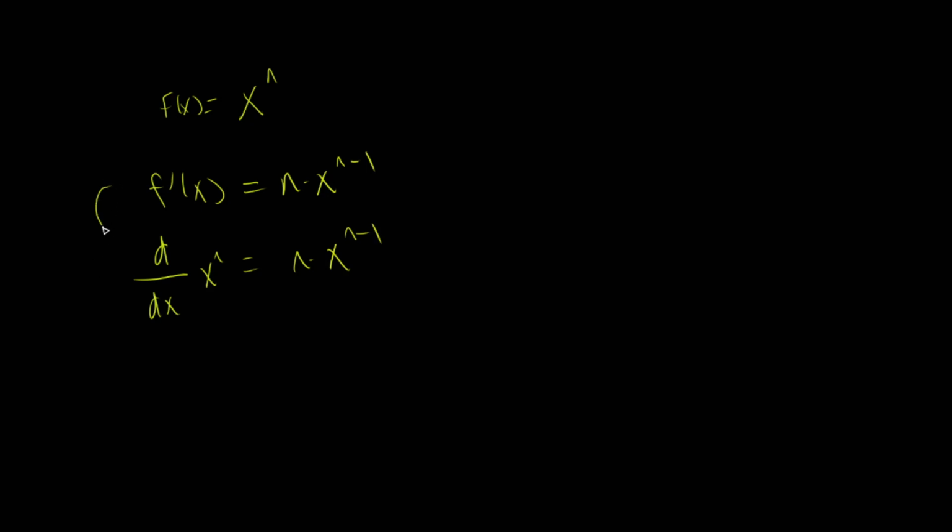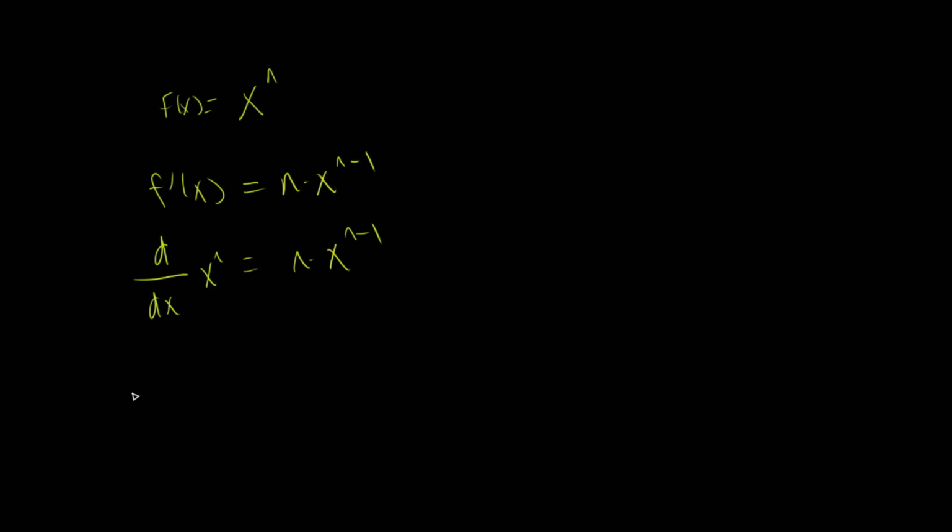And personally, these are the same. However, this one you'll see used a lot more in higher levels simply because it tells you what function you're differentiating, so x to the n, and it tells you in terms of what variable. And when you do more than one variable, more than two variables, this becomes very helpful. And you could also use it in chain rule and higher order derivatives.